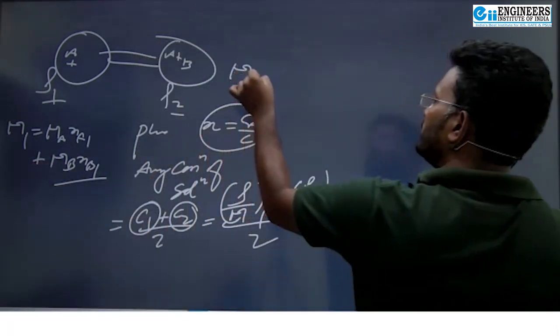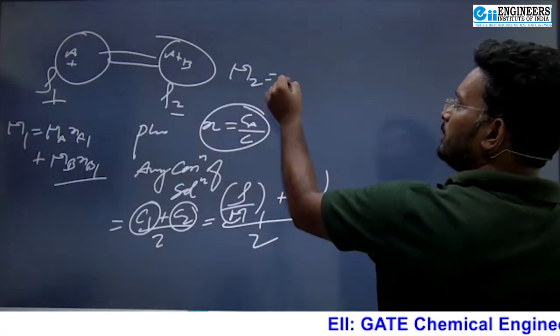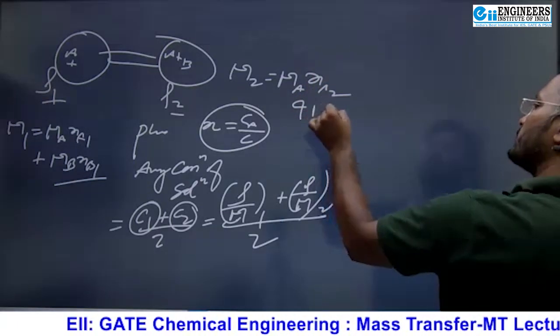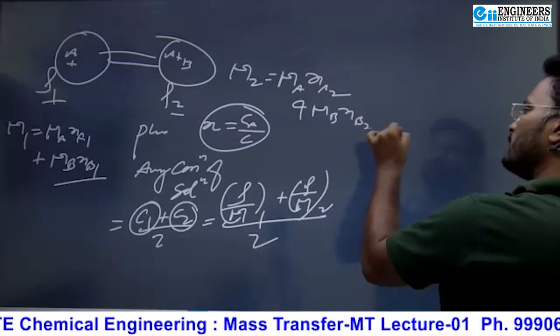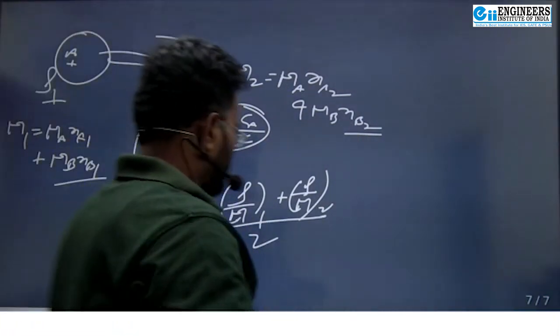Similarly, M2 average molecular weight at 2 here. Then it is what? MA into XA2 plus MB into XB2. molecular weight तो चेंज होगा नहीं. समझ गया? तो इट्स सिंपल कैलकुलेशन.